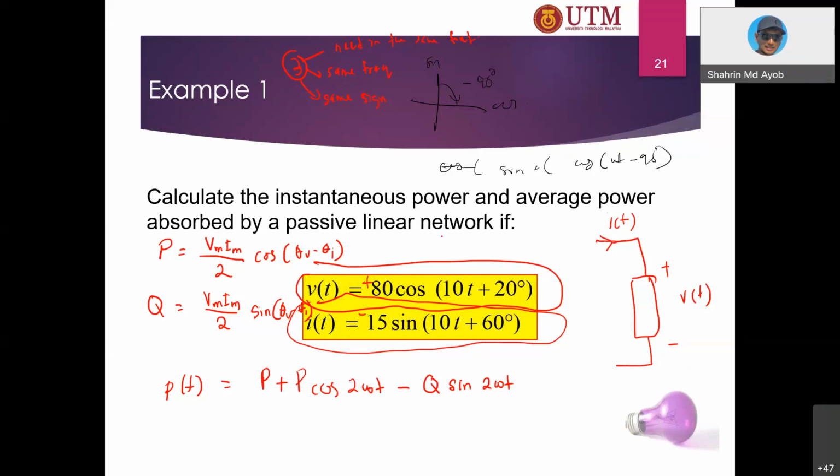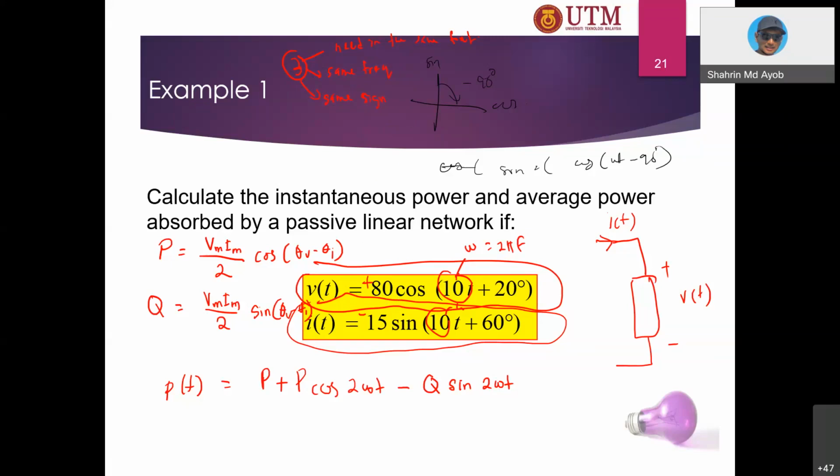Right now the second condition is met because omega is the same, and since omega is 2 pi f, the frequency is the same. We also have the same sign. The only requirement that needs to be met is that V is in a cos function but the current is a sin function.